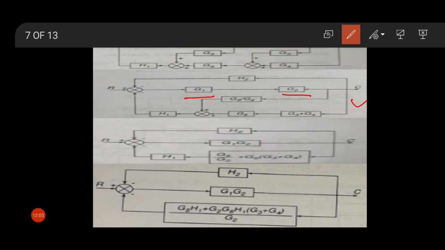So we multiply the gains G1 and G2. And these two are also connected in series, so we multiply G6 into G3 plus G4.